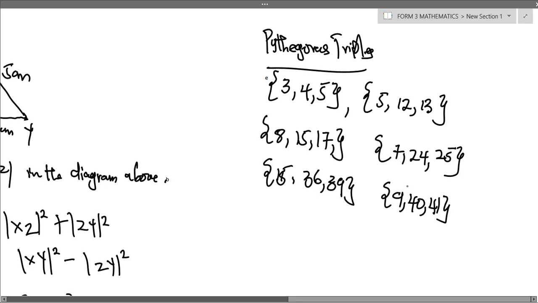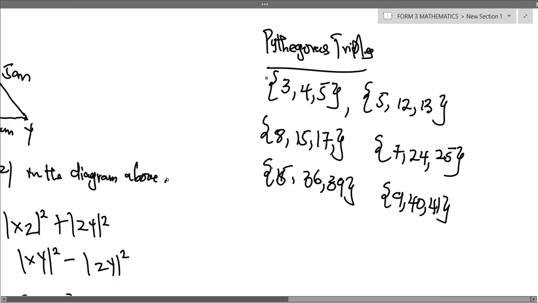And I said the other time that when you take every Pythagoras triple, the largest value is the hypotenuse. And the first two could be the opposite or the adjacent. The other time I mentioned they are commutative. I believe you know commutative properties.